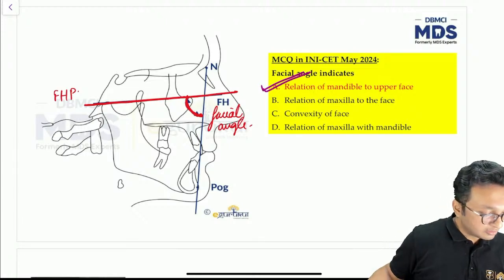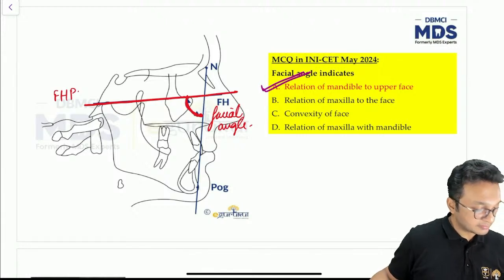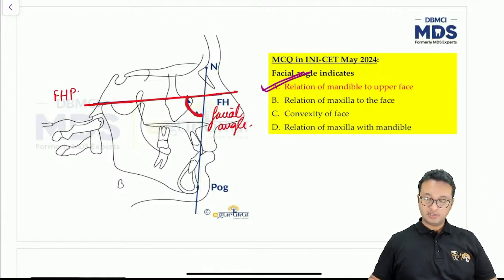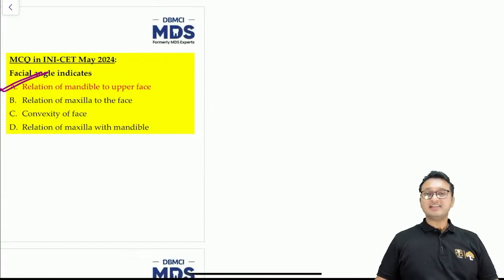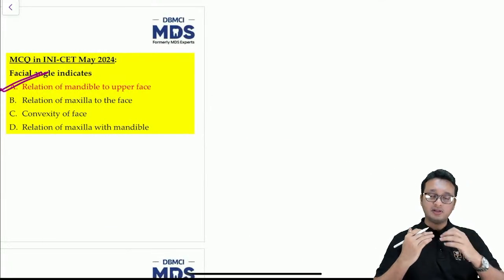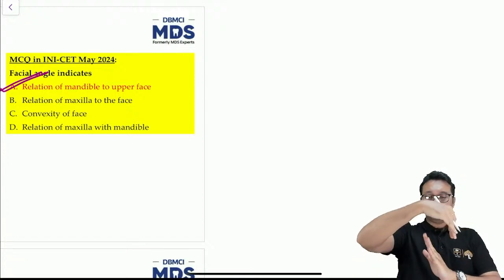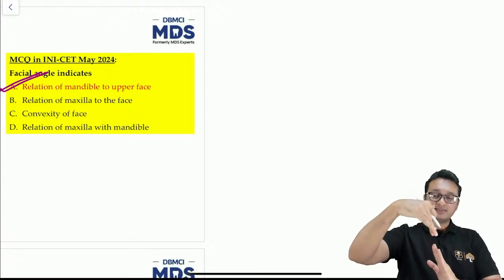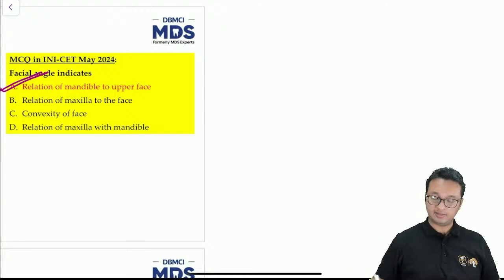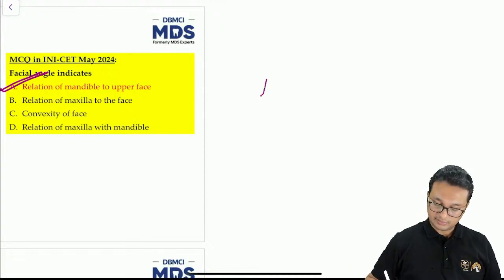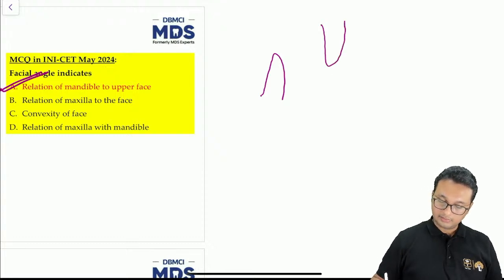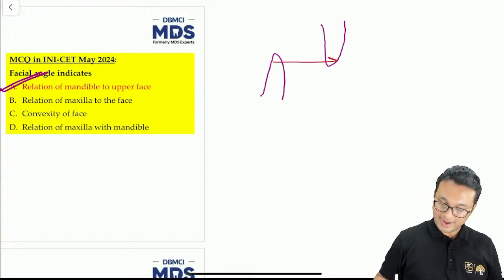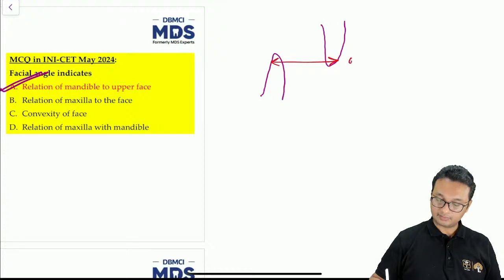So I have one question. Can you please explain overjet and overbite? Anand Sinha has asked me to explain overjet and overbite. All right. So overjet is a horizontal or anteroposterior distance between the incisal edge of the upper and the lower central incisor. So this is the lower incisor, this is the upper incisor. The horizontal distance between them is known as overjet.